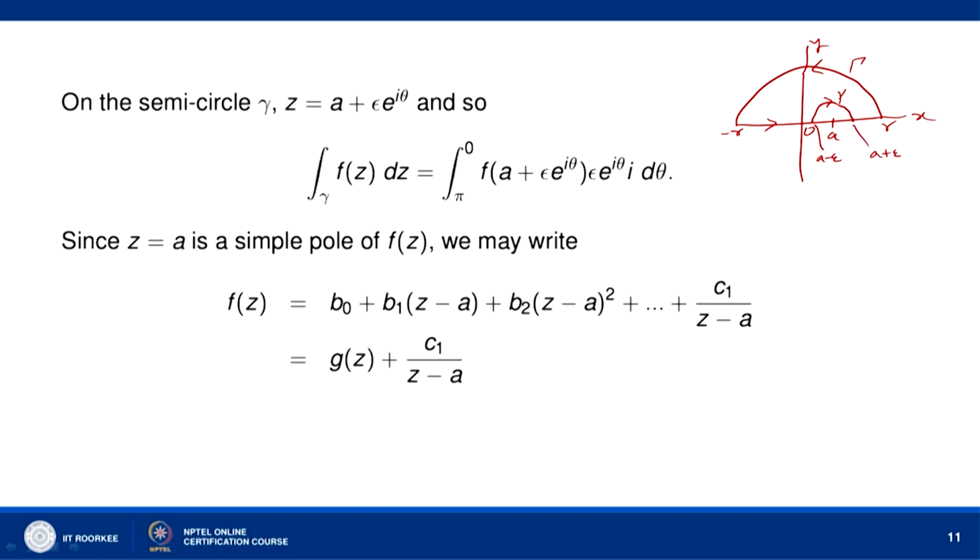Along gamma, because the center is at a and the radius is epsilon, z equals epsilon e to the power i theta, and since we are moving clockwise along gamma, theta varies from pi to 0. Along gamma we can write z equal to, because the center is at a, not z but z minus a.